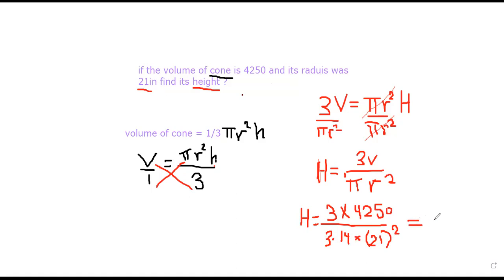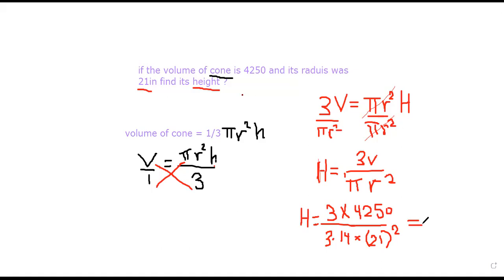Did anyone calculate it and tell me the answer? 3 times 4,250 over 3 times 3.14 times 21 to the power of 2.